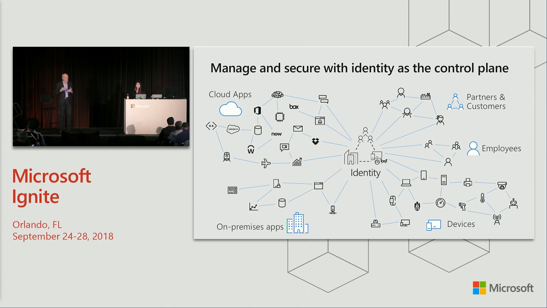And the core of that is really extending your control plane from the world of the network to this world of transformation where identity becomes the control plane, right? It doesn't replace that network boundary. It's an extension of it and ensures that you can now begin to take advantage of, based on the identity of the user, giving them access to the applications that they need to do their business. You also can enable, based on the identity of the partner, giving them access to your resources that are required so that you can get more business together and ensure that you're effectively solving your customer problems.